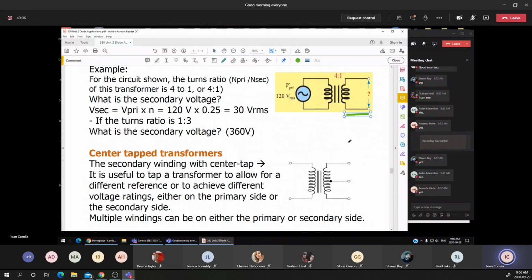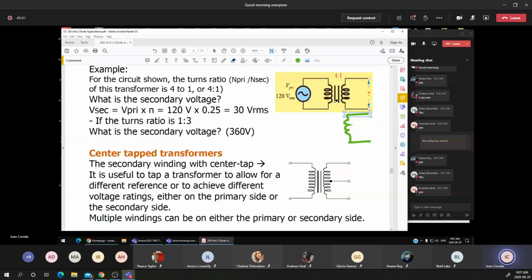I said an identical winding, and I want to make the winding, but I'm using the mouse. Sorry. Okay. Now suppose that I'll make this core just a bit longer.